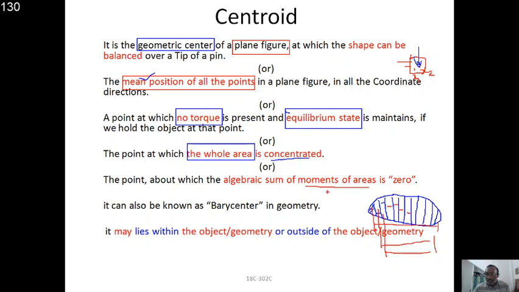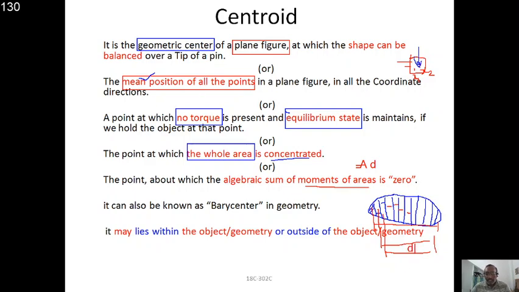Moment of areas is equal to area into d. What is the d here? Distance, right? You can see here, this is the distance.